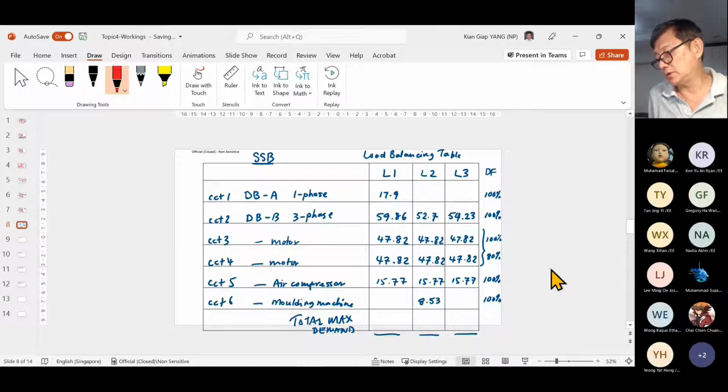Ryan, I'm going to depend on you. Can you give me the answer for L1? Jeff, you give me the answer for L2. And Sihan, are you back, Sihan? No. Ethan, you give me the answer for L3.